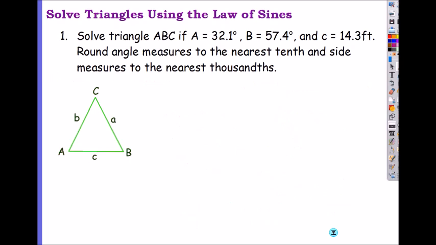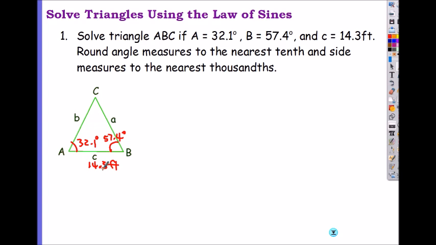So again, solve the triangle using the law of sines. Solve triangle ABC if angle A is 32.1 degrees, angle B is 57.4 degrees, and side c is 14.3 feet. So this one, can we use the law of sines?